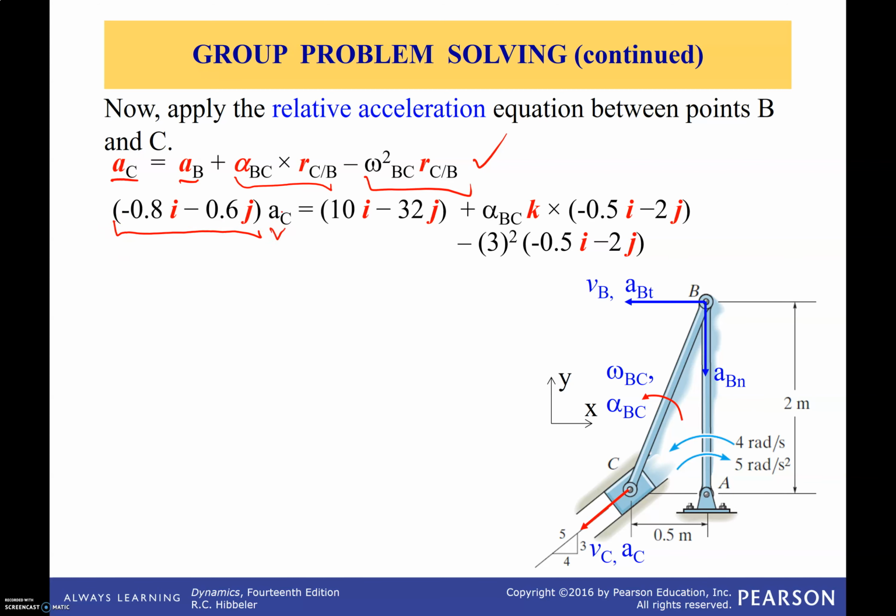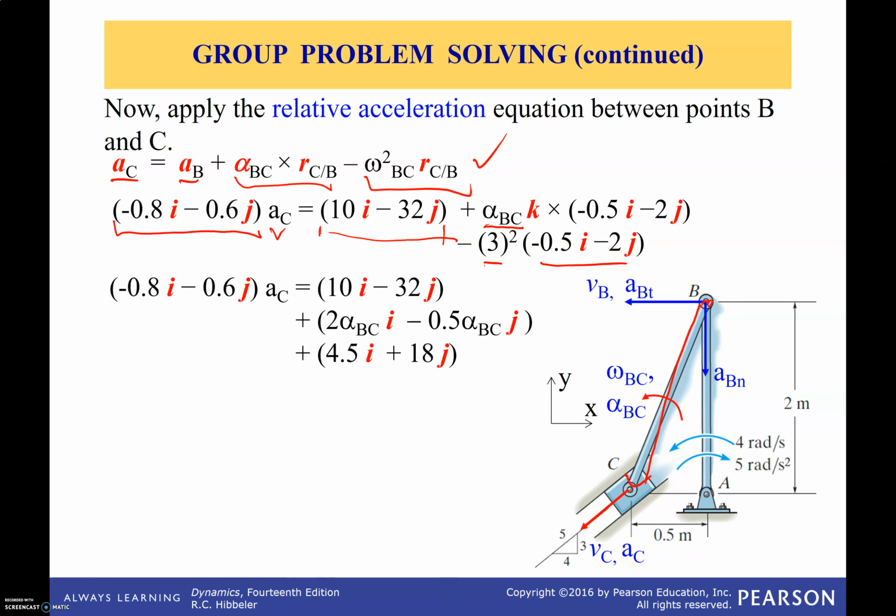This is going to be our unknown here. We know the acceleration of B, which we calculated initially because B is doing a pure rotation. Then we have this unknown alpha crossed with this vector, and we have omega squared and then that vector again.